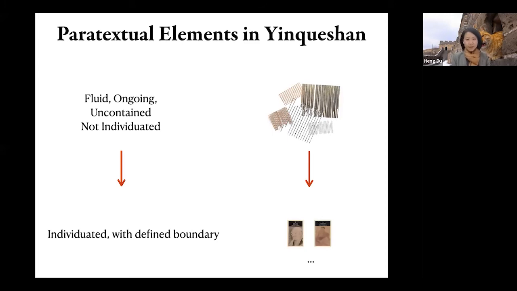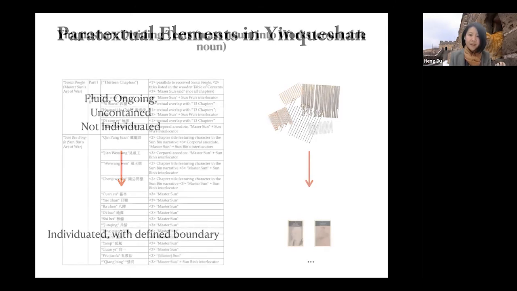So I would say we can also see that the paratextual materials in Queshan are doing something similar. It's also trying to transform a set of manuscripts that might not have clearly demarcated boundaries of, say, where this text begins or ends, into something that's individuated with defined boundaries.